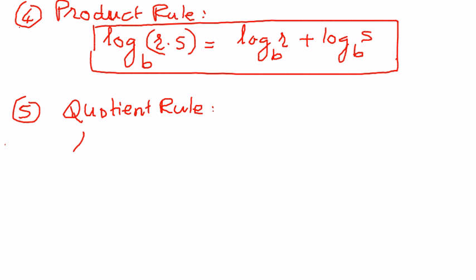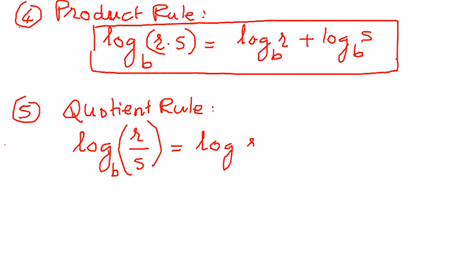In here, if we have log r over s to the base b, r over s is a ratio, and in this case the way we can expand it is as follows: we're going to write log r to the base b, that is the numerator part, and now this time minus log s to the base b.